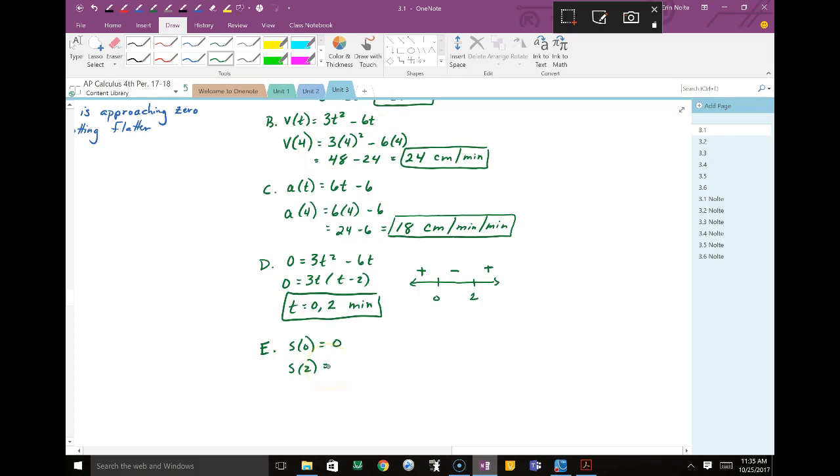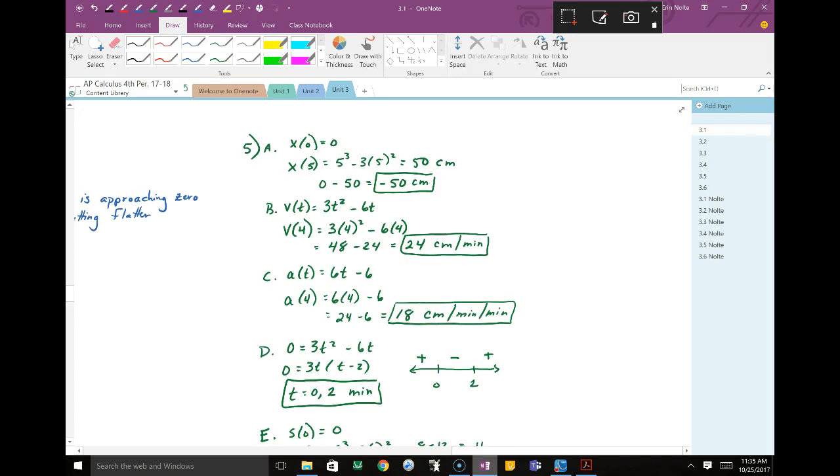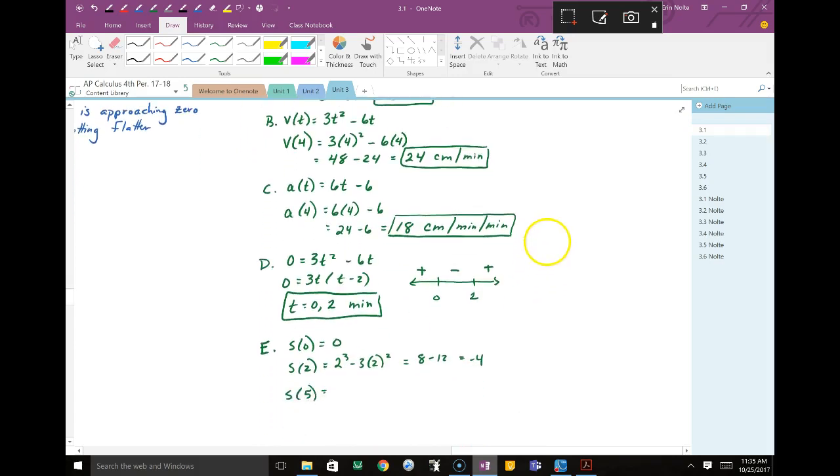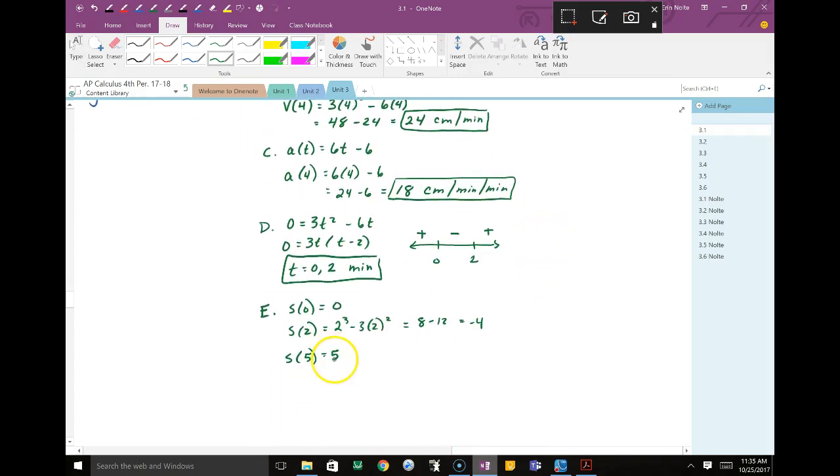If I plug 2 into our position, 8 minus 12. And then our position at time 5. I don't know if we ever figured this out. Did we? Oh yeah, how can I forget? It is 50.